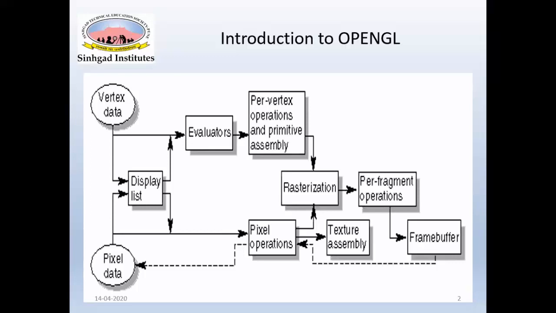In its basic operation, OpenGL accepts primitives such as points, lines, and polygons, and converts them into pixels via a graphics pipeline known as the OpenGL state machine. Most OpenGL commands either issue primitives to the graphics pipeline or configure how the pipeline processes these primitives.